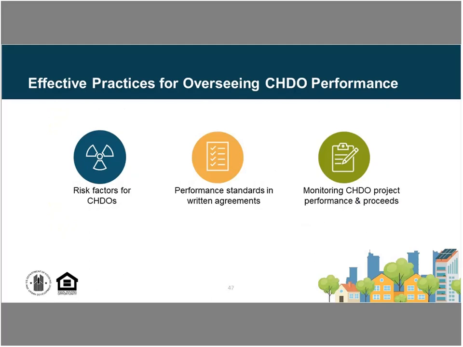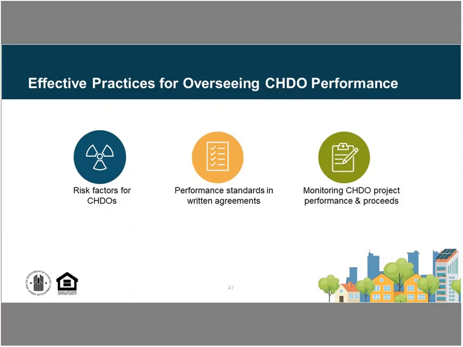So effective practices on this: looking at what the risk factors would be for this, and also making sure that you have some performance standards in place as part of that written agreement. So that may be things like deadlines for specific tasks within this, production targets.